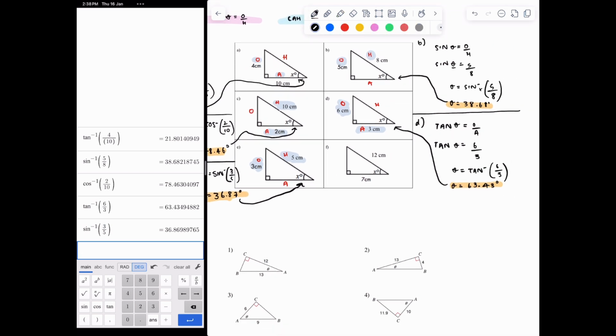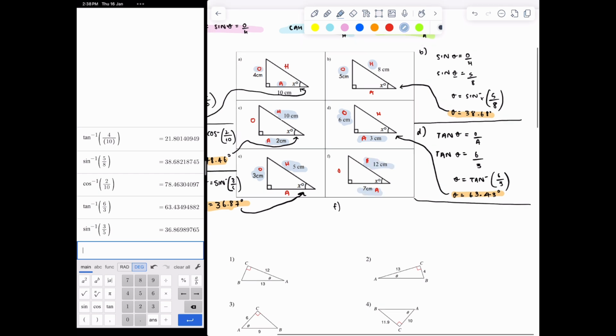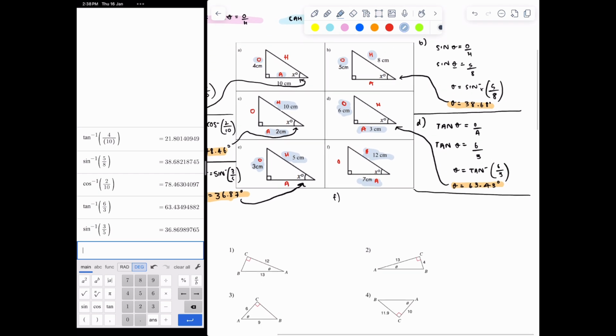I hope we're getting the gist of this. Pretty straightforward once you know what needs to be done, okay? So this triangle here, let's label it. We've got the hypotenuse, opposite, and adjacent. And now we've been given the hypotenuse and adjacent, A and H. Which function is A and H? It's the cosine function, which has A and H in it. Now substitute the values in.